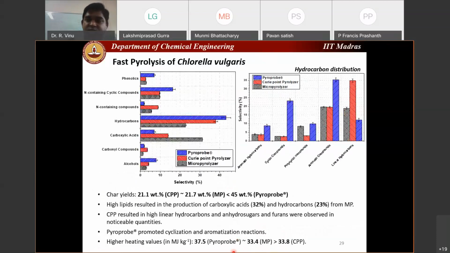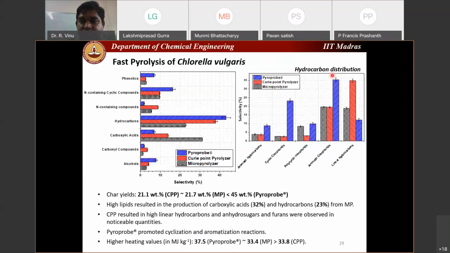Okay, you will see the same result reproduced here for Chlorella vulgaris, of course with a different composition. So you can see carboxylic acids are very high from Chlorella vulgaris. You can see hydrocarbons are significantly high from a Curie point pyrolyzer, more than the micropyrolyzer. You can see that phenolics and cyclic nitrogen containing components are high from the pyroprobe.